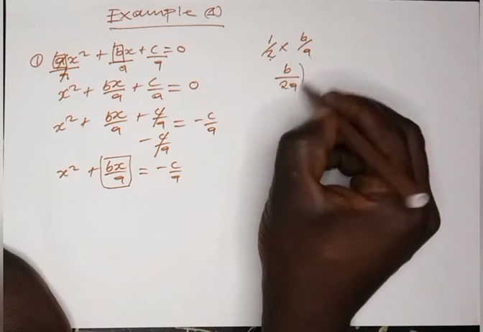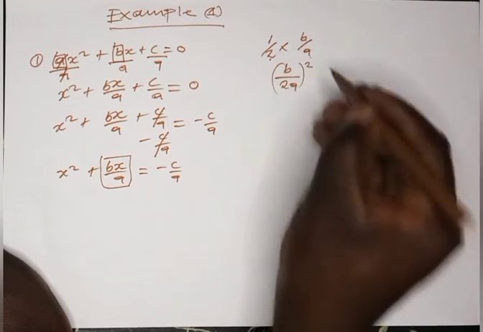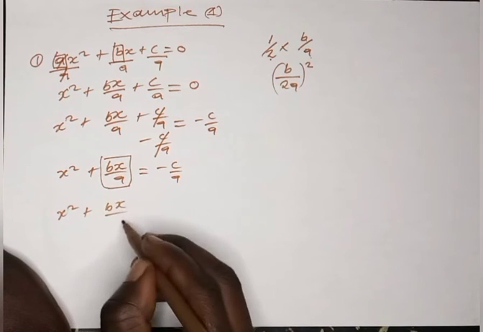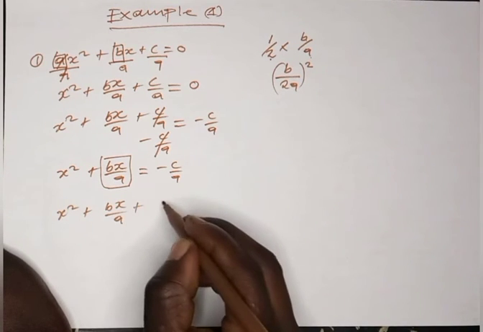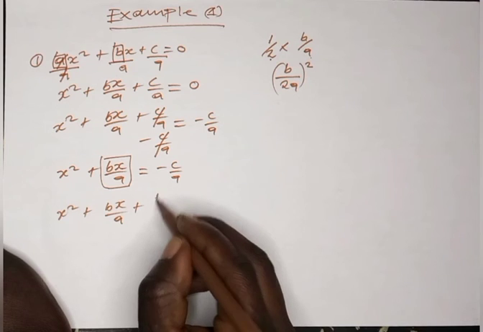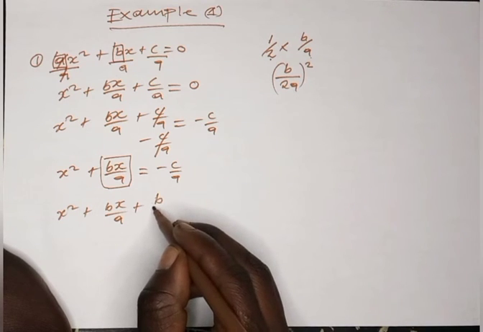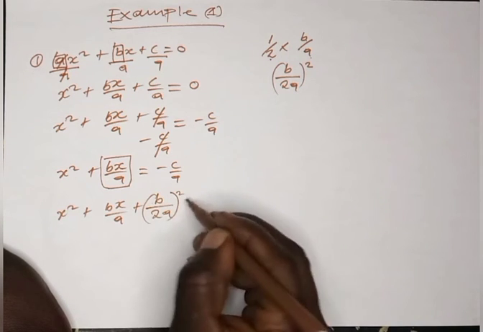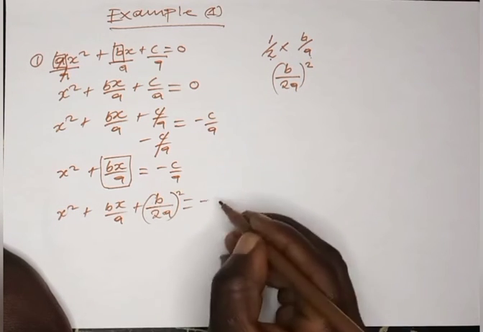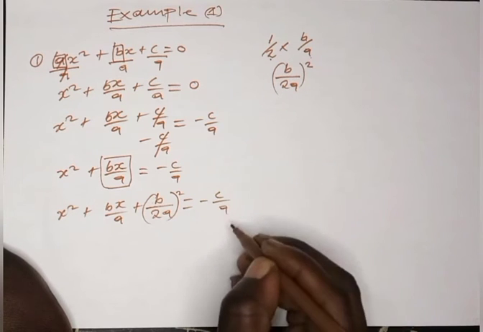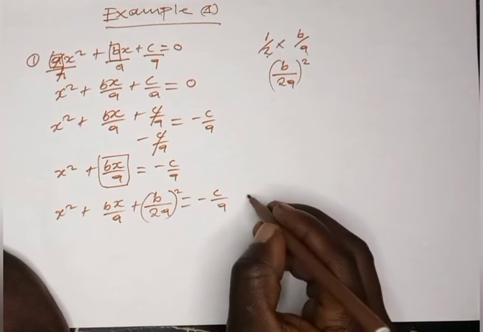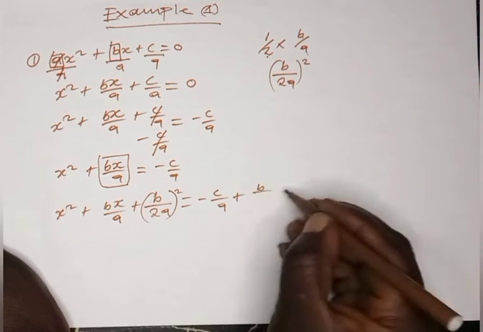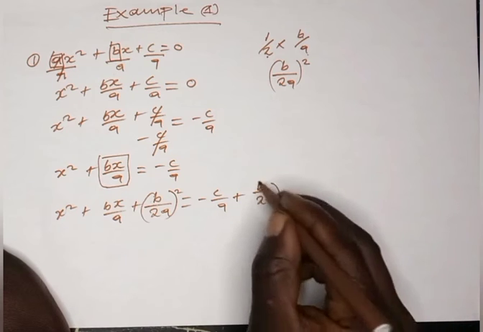This answer we are going to square it. So now x squared plus bx over a plus b over 2a in the bracket squared equals minus c over a plus, we add to both sides, b over 2a squared, to the left and right hand side.